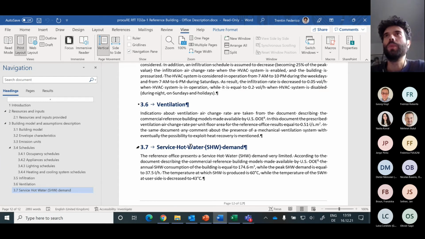Non-residential buildings do not present a really important consumption of domestic hot water, but in any case, we retain it useful to consider the amount given in the inputs. And this is all for the Word document that presents the description of the reference building. In this case, we are talking about the office reference building, but you will find basically the same document for the school.